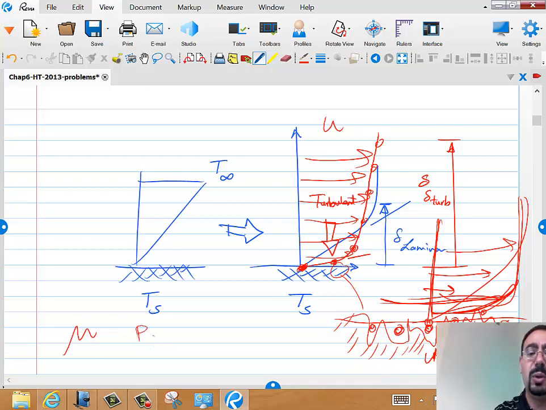What's the unit of that mu? Pascal second. What's Pascal? That's Newton per meter square, all right? So this is called viscosity or dynamic viscosity, because there is something called kinematic viscosity. Does anyone remember what a kinematic viscosity is?